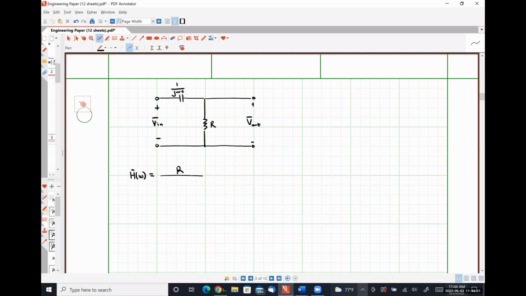So R over R plus 1 over j omega C. And then I'm going to get rid of my fractions by multiplying through by j omega C over j omega C, leaving me with j omega RC over 1 plus j omega RC.